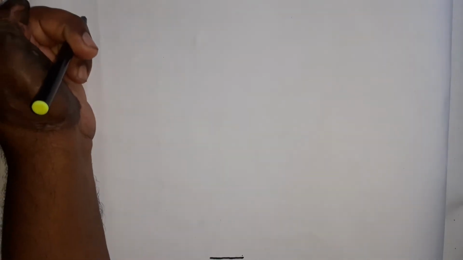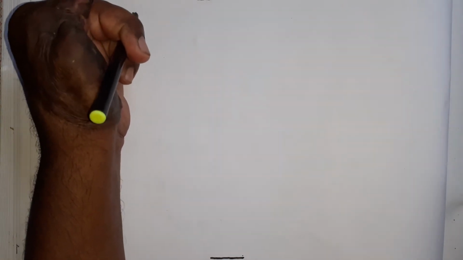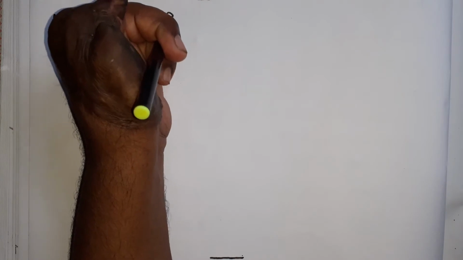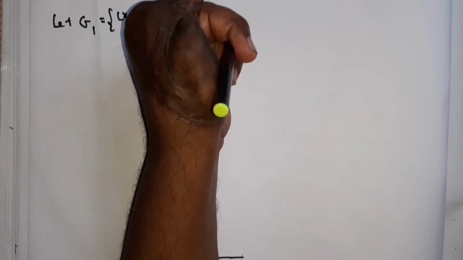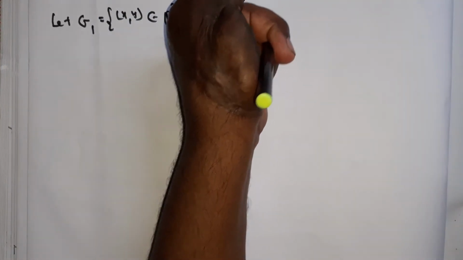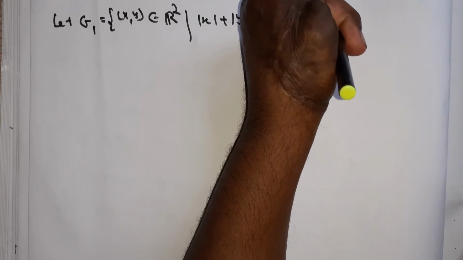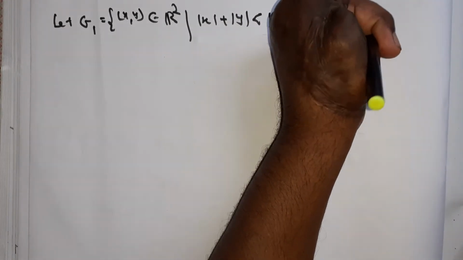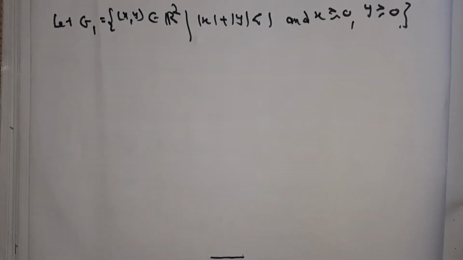Let G1 be the set of x comma y belonging to R2 such that mod of x plus mod of y is less than 1 and x is greater than or equal to 0, y is greater than or equal to 0.